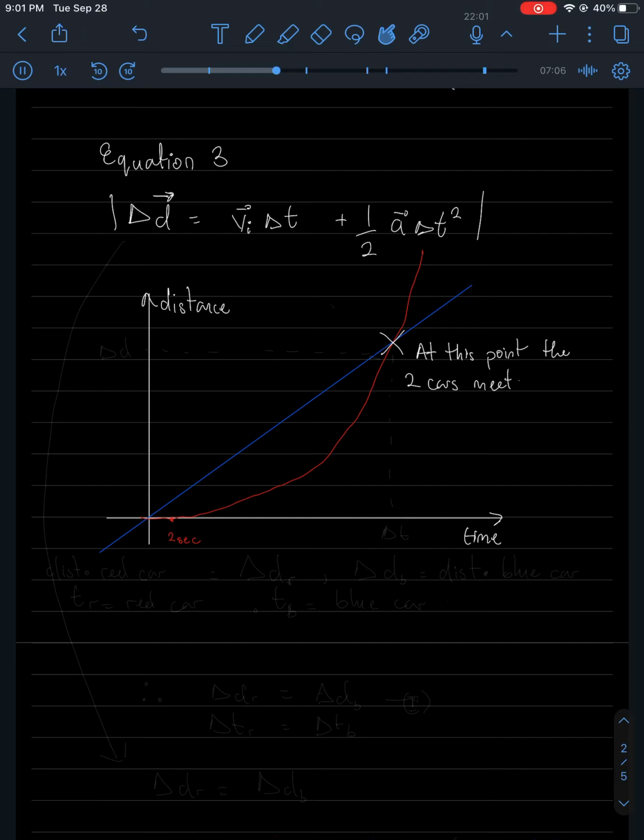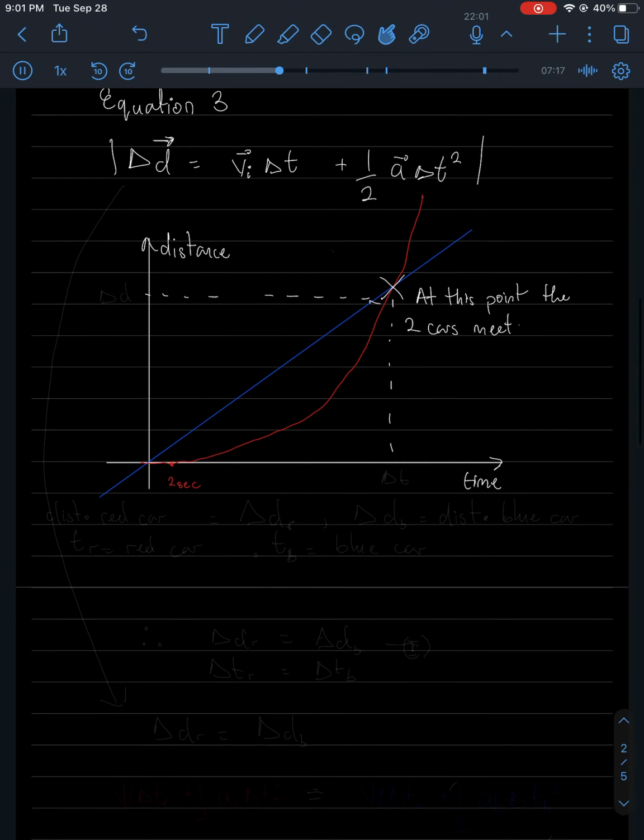And this point is very important because this is the point where you're trying to find the distance and the time. And what you notice here is that at this point, your distance and your time for both cars is going to be equal.